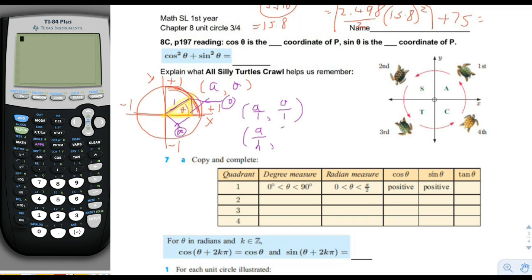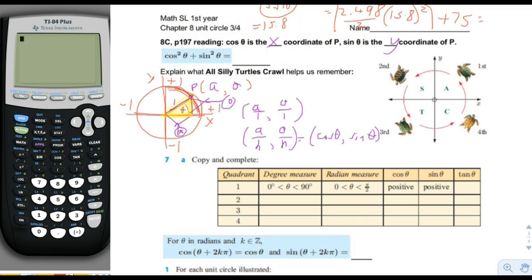And o over 1 is actually opposite over hypotenuse. And so that's actually equal to the definition of cosine theta and sine theta. Okay? So cosine theta is actually the x coordinate of P, and sine theta is the y coordinate of P if P is a point on the unit circle that can be found using the angle theta.